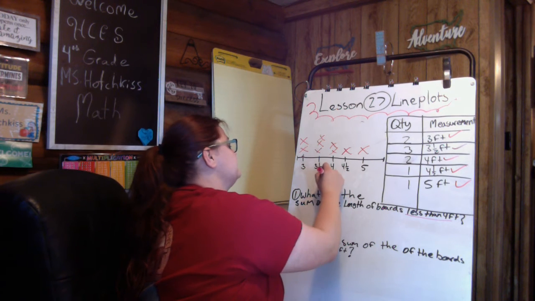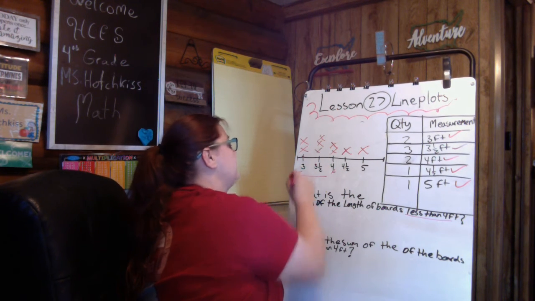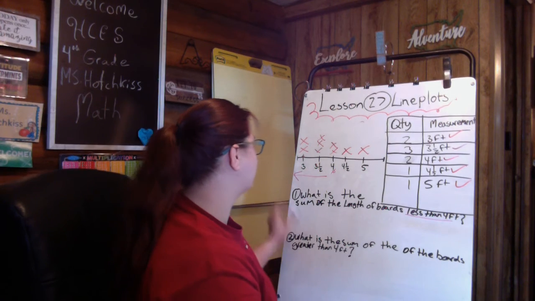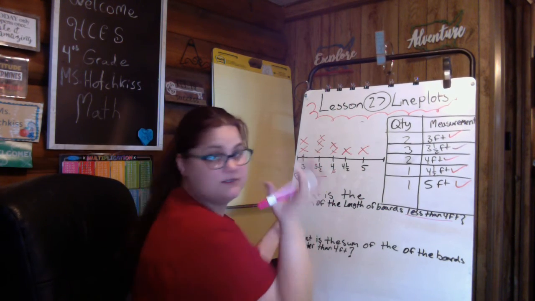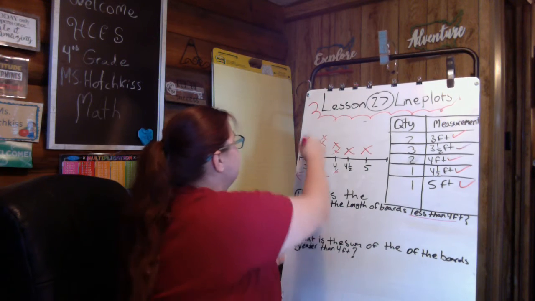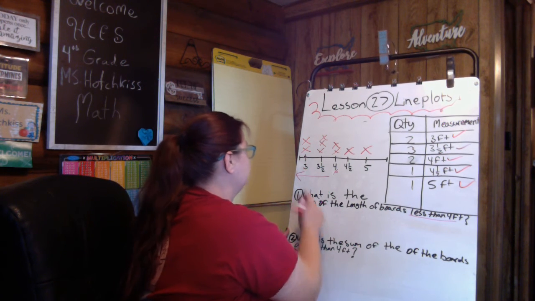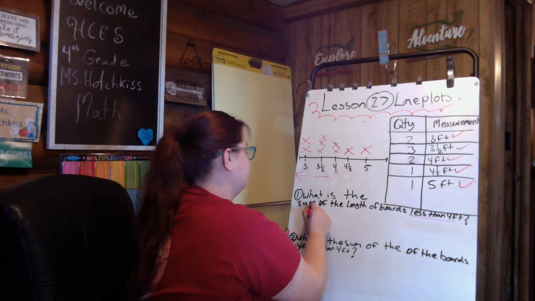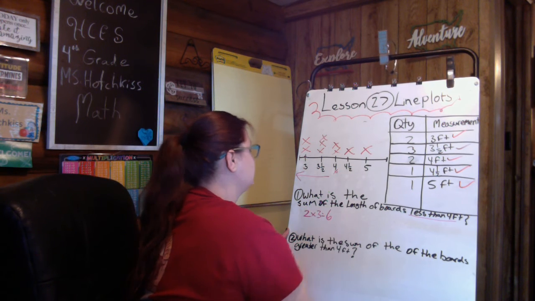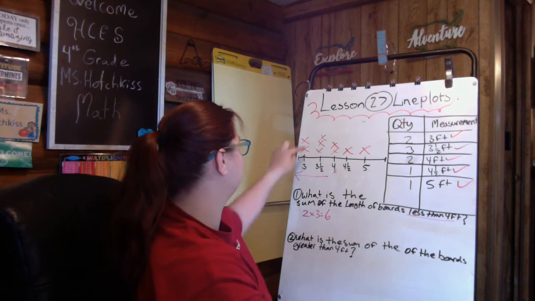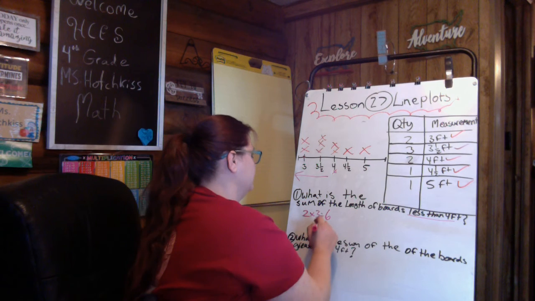It's going to be less than, so any of the values that come before 4. I have 2 boards, and I'm just going to use multiplication to figure this out. I've got 2 boards that are 3 feet. So I have 6 feet worth of boards here.